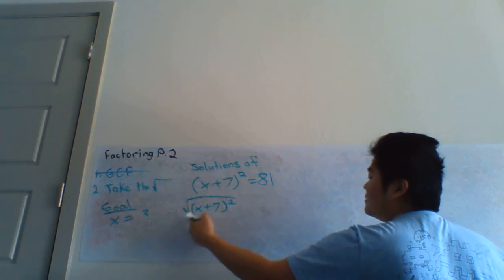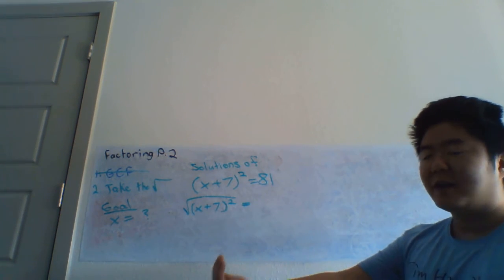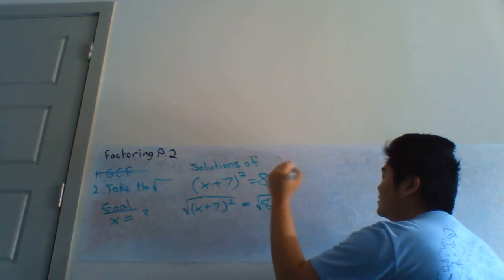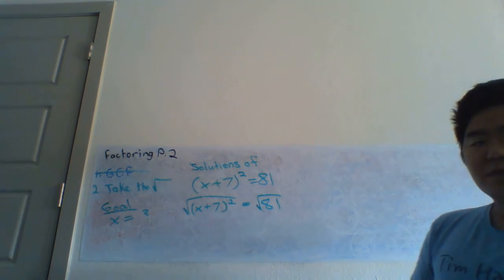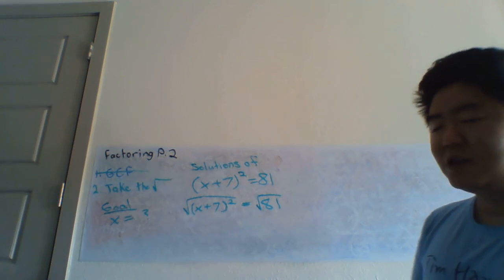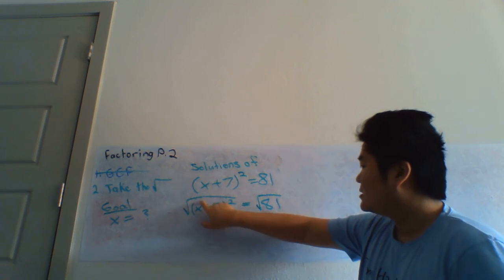So I'm taking the square root of the left side, but whatever I do to the left side, I need to do to the right side. We're talking about equality here. Eye for an eye, hand for a hand, that kind of stuff. Equality, right? So I took the square root of this side.